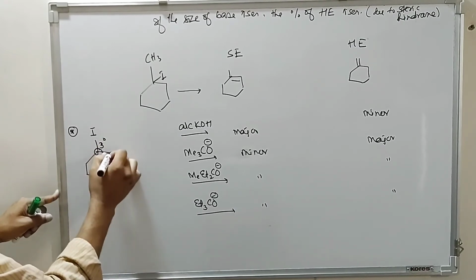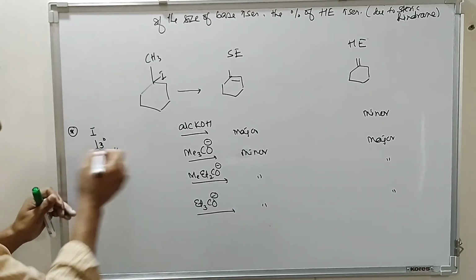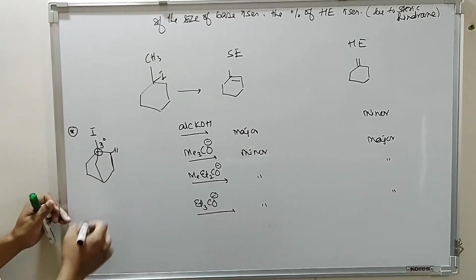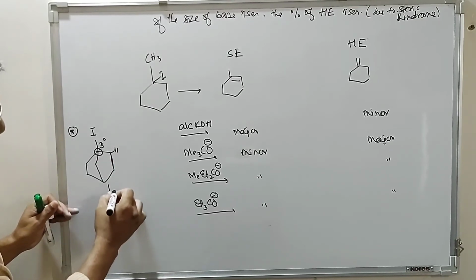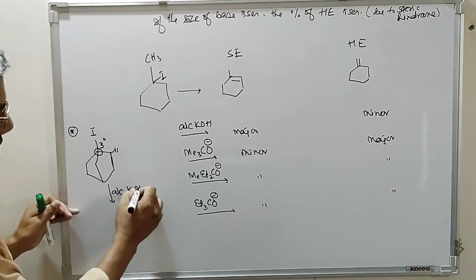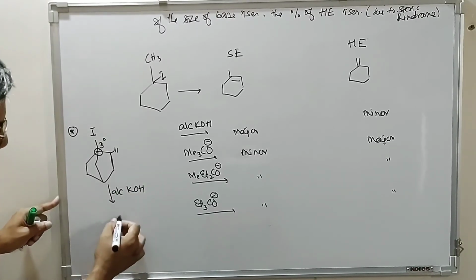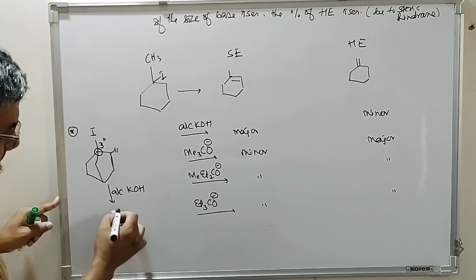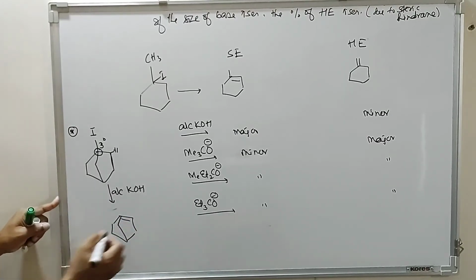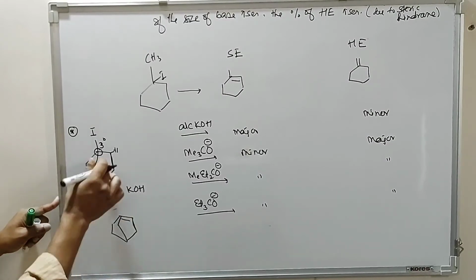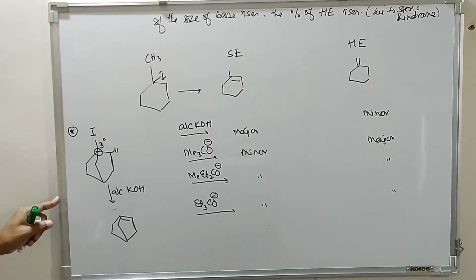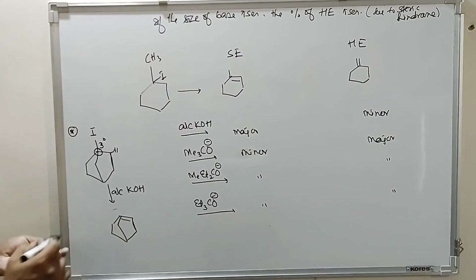Look at this, this is a beta hydrogen. This reacts with alcoholic KOH, which is a strong base. So you should have a product, but this tertiary alkyl iodide does not react here. Though we have a tertiary iodide which is most reactive, it does not react.